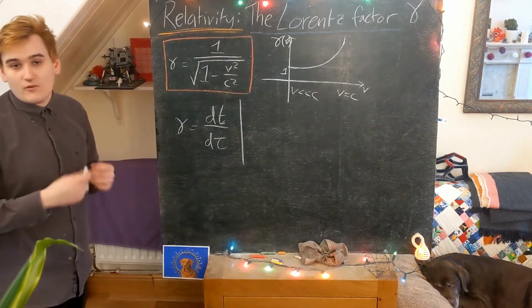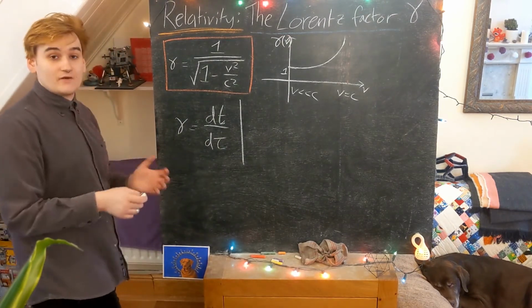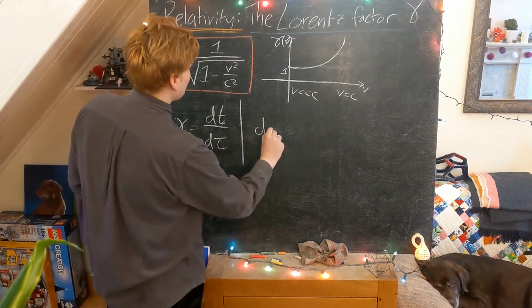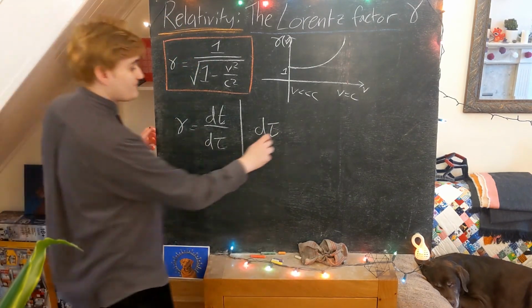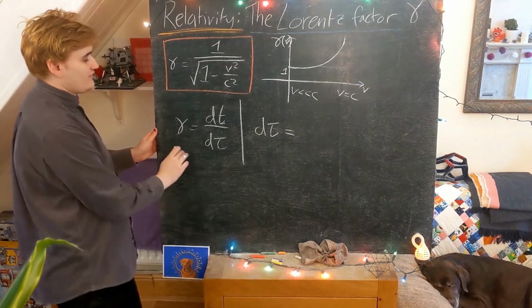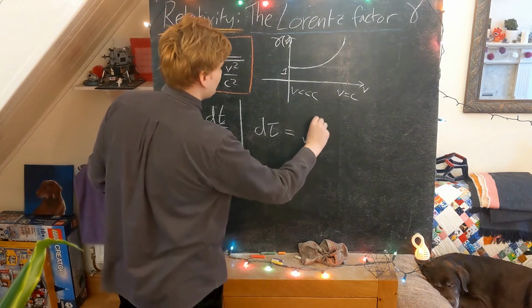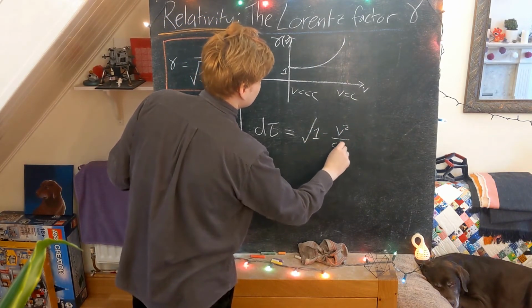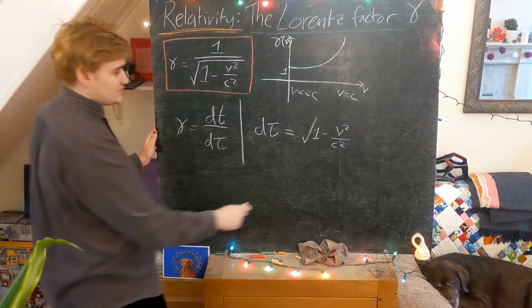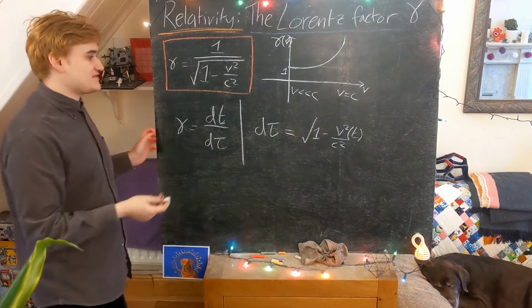Another nice way that we can interpret this expression is as the following differential equation. We can say that the increment d tau is given by essentially dt over gamma, or the following expression. One thing we should always keep in the back of our minds is that this v is a function of t.